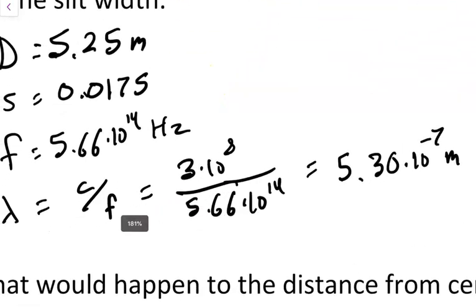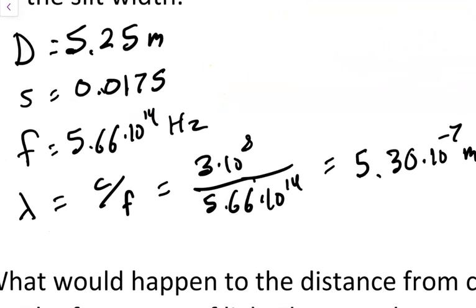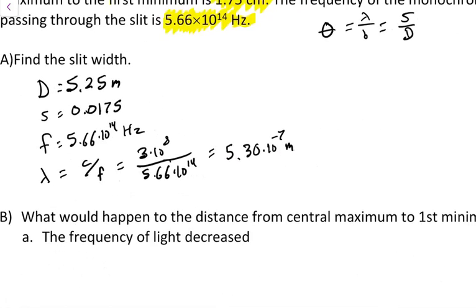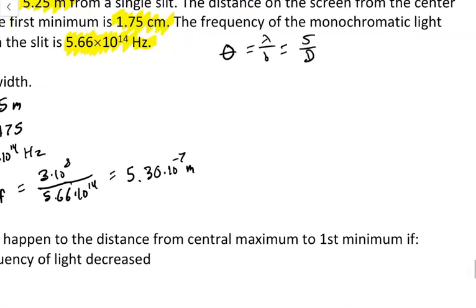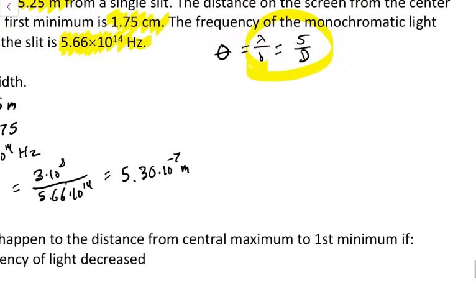I've used the equation for the speed of light divided by the frequency to give me the wavelength of that light. I ended up with a wavelength of 5.30 times 10 to the negative 7th. Then I would use this equation with the given values to get my slit width, where the slit width b would be equal to d lambda over s.